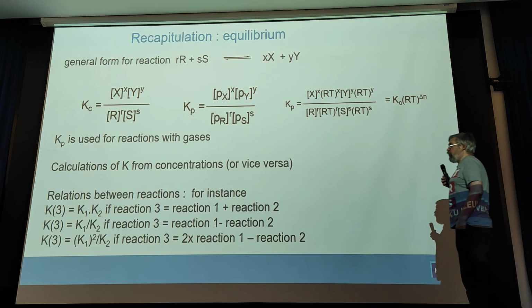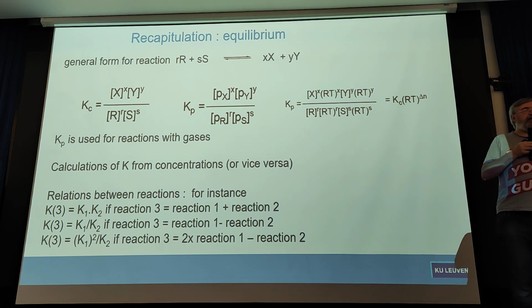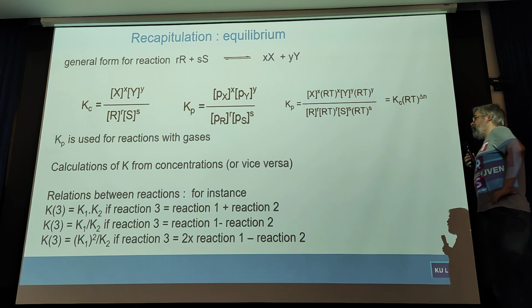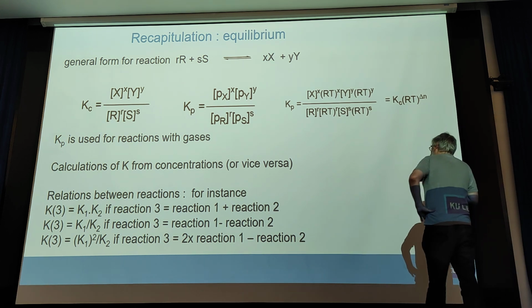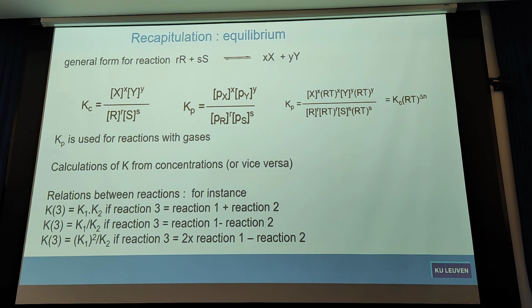So if, for instance, the third reaction is the sum of reaction 1 and reaction 2, we actually will multiply the corresponding equilibrium constants. If the third reaction is reaction 1 minus reaction 2, it's actually going to be the ratio of K1 and K2, that is the new equilibrium constant K3.